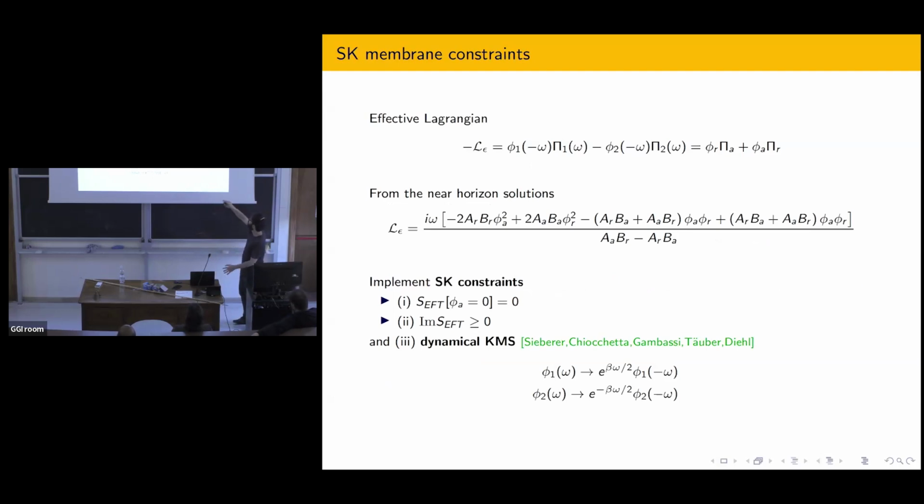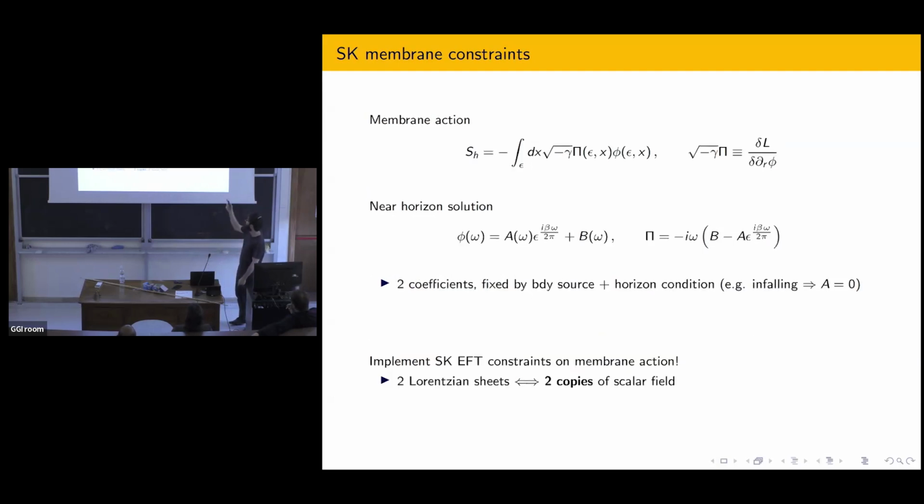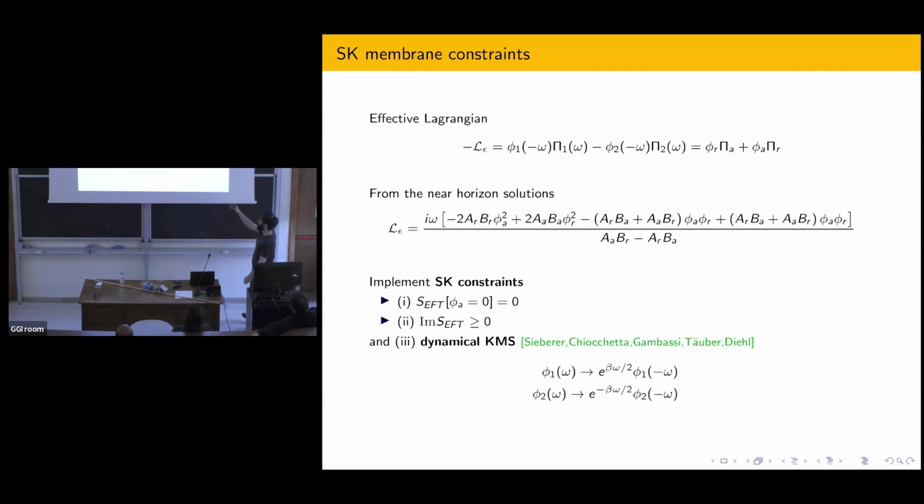And so in terms of RNA coordinates, it takes this form that I showed here. And then if I use the explicit expressions that I have in terms of A and B, but now A1, B1, A2, and B2 for the two different solutions, then I get this general form for the Lagrangian.